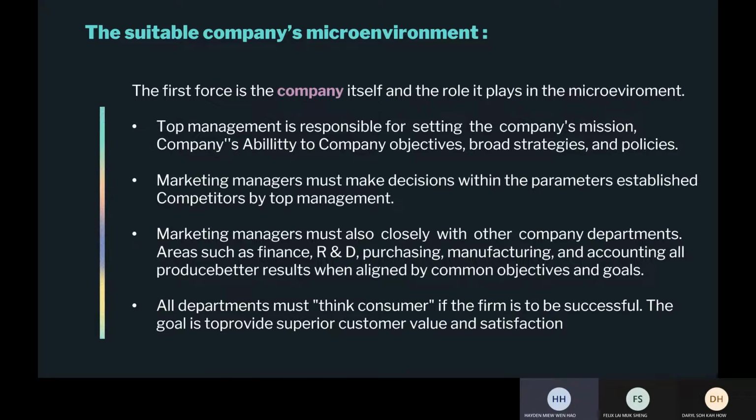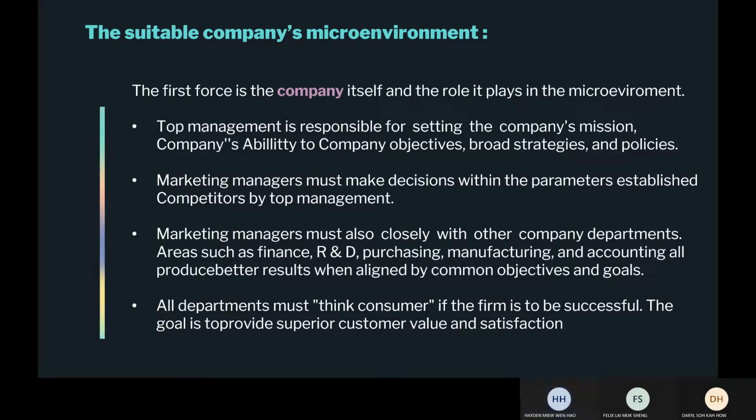The second, marketing managers must take decisions within the parameters established by top management. The third, marketing managers must also work closely with other company departments, areas such as finance, R&D, purchasing, manufacturing, and accounting, all produce better results when headed by common objectives and goals.